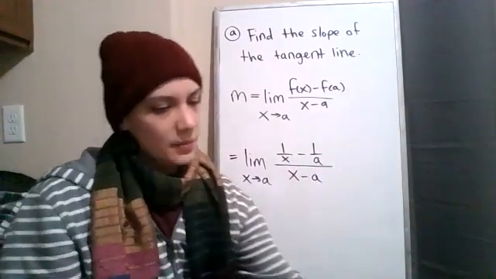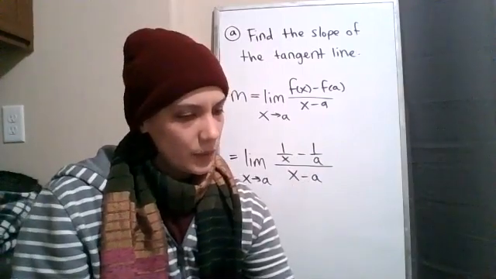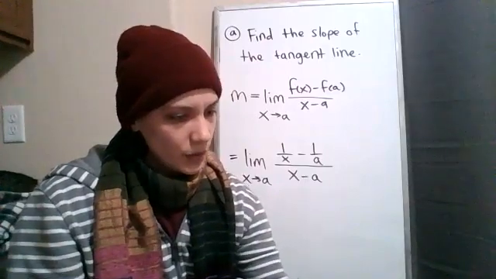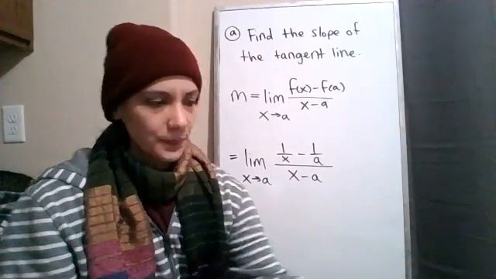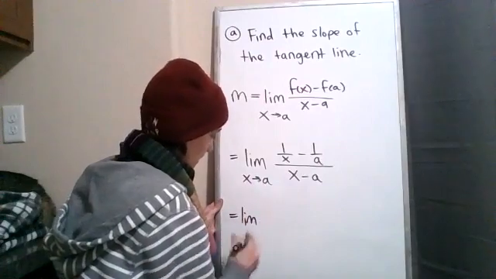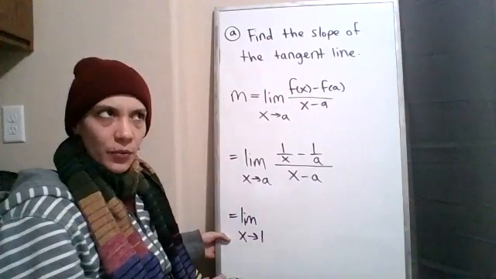I think I got a common denominator. Let's see. No. I have a equal to 1. That was that point (1, 1).